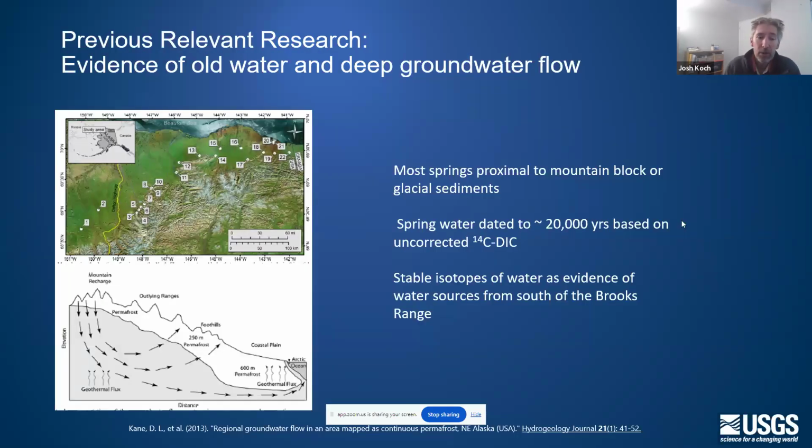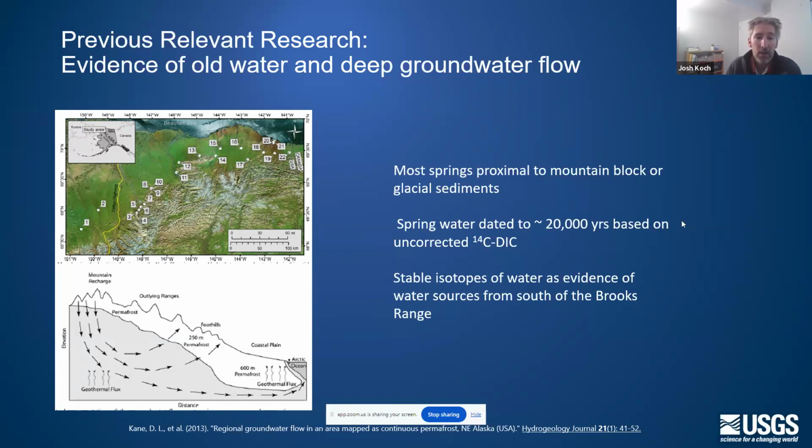So there is some previous work to help us get started with these questions. This is a figure from a publication by Doug Kane and colleagues, where they looked at many of these springs that exist across this region of northeastern Alaska. These springs tend to form near the mountain block or just out into the coastal plain.